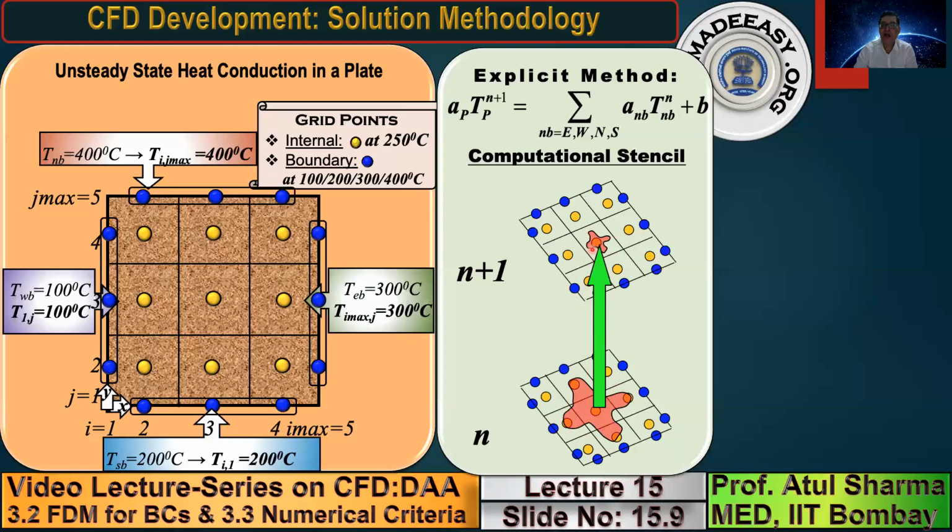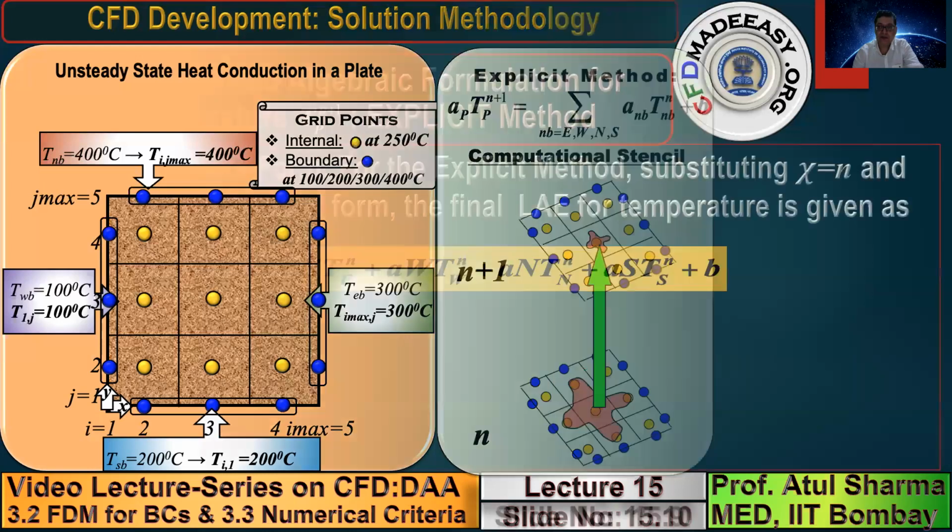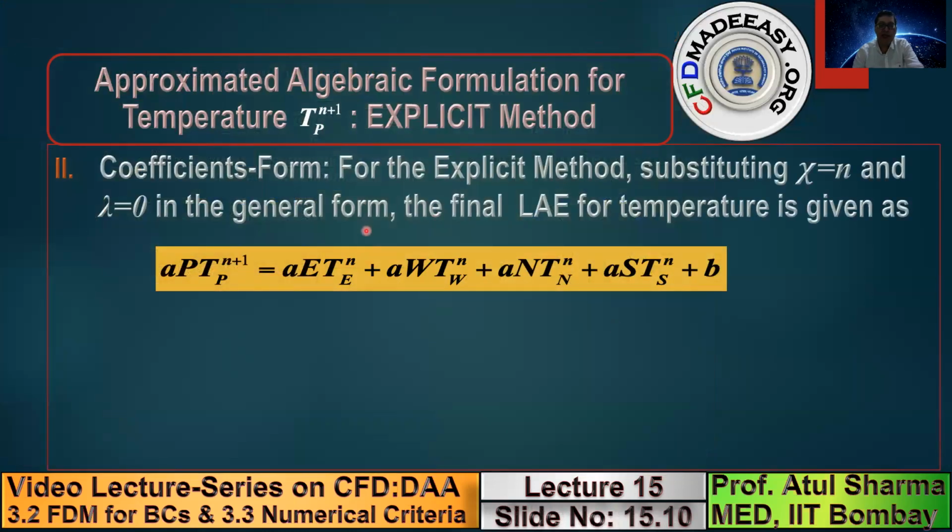So in our algebraic equation, all the coefficients corresponding to TP^n, TE^n, TW^n, TN^n, and TS^n, the coefficients of these 5 temperature values, should have the same sign. So using that condition, I will first present the coefficient algebraic form for the explicit method.